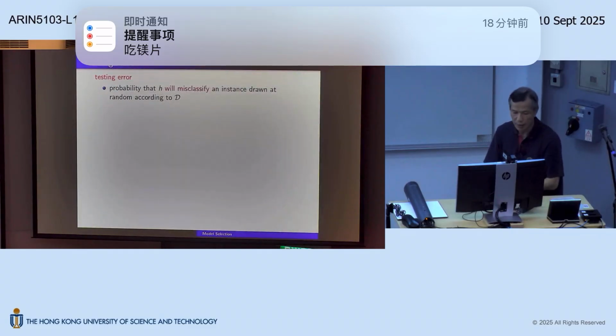So that means that at the end, what we are more interested in is the testing error. In other words, if I draw a sample randomly from the underlying distribution, will you misclassify? You can also write the error as the probability that if you draw a point x from this underlying distribution, your prediction h(x) will differ from the ground truth.